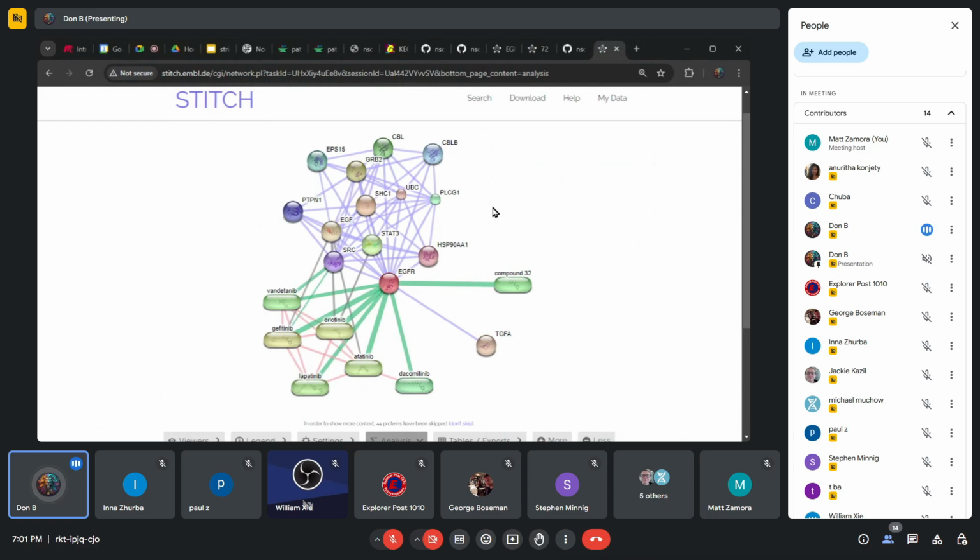But even when that's not working, it gives you vetted feedback in terms of effective compounds for situations with the EGFR gene. So, any questions as I navigate to the next one?